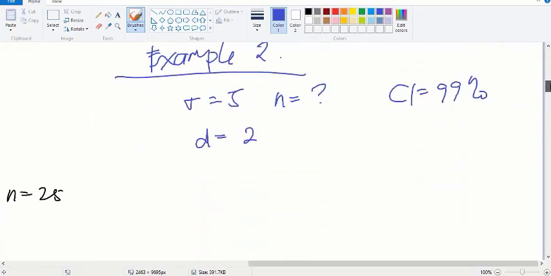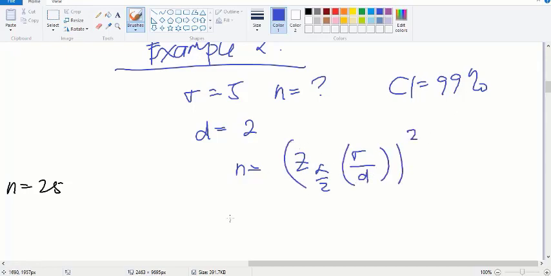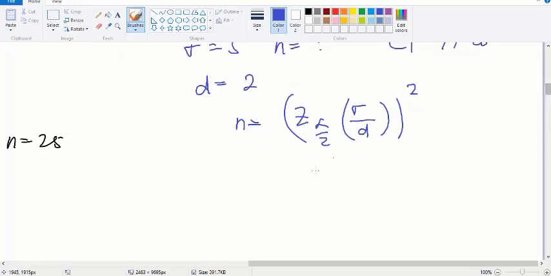Okay. So, we are still looking for n, z alpha over 2 times standard deviation over D, squared. Okay. So, still the same thing. Kunin natin ang z alpha over 2.